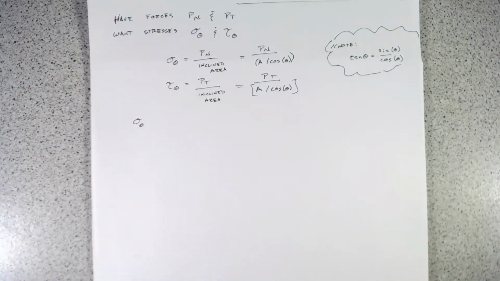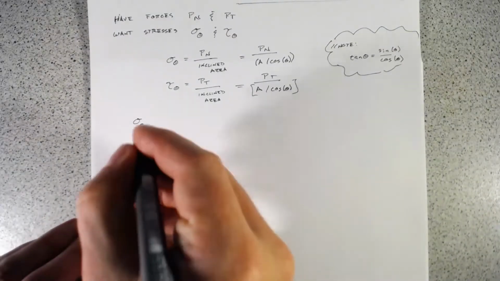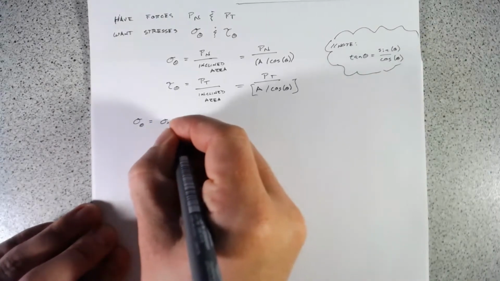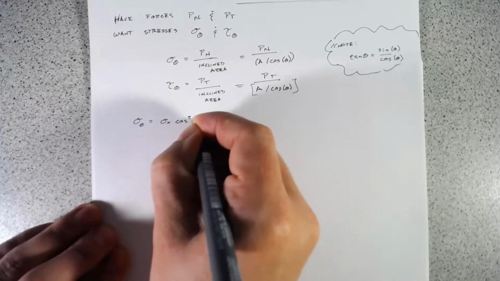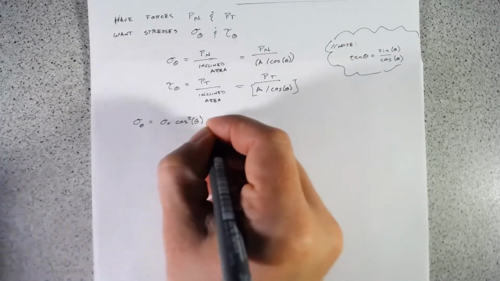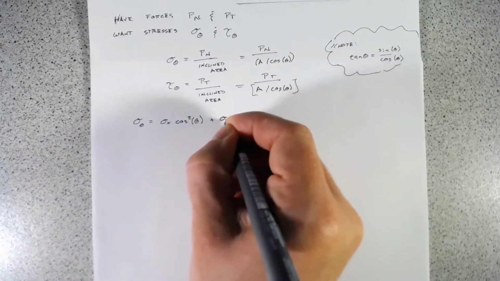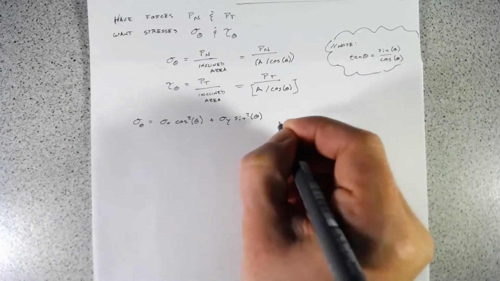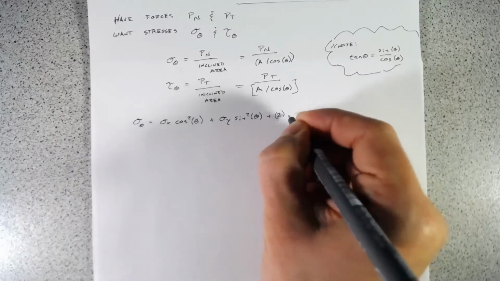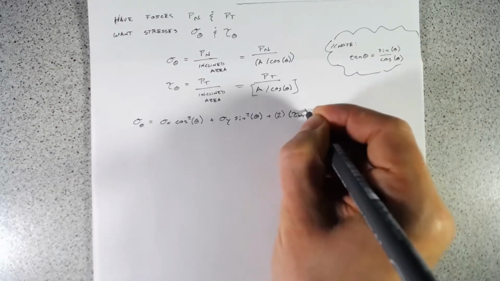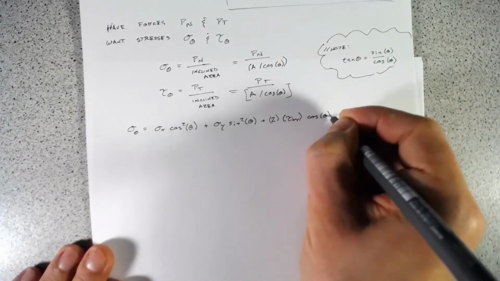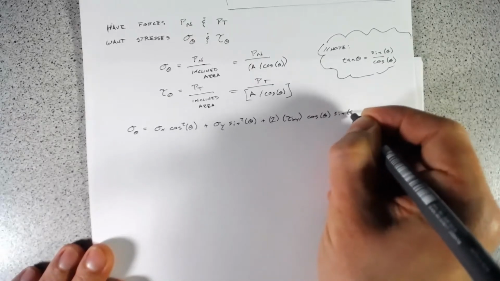So remember, this is the normal stress on this face. Sigma theta equals sigma x cosine squared theta plus sigma y sine squared theta plus 2 times tau xy cosine theta sine theta.